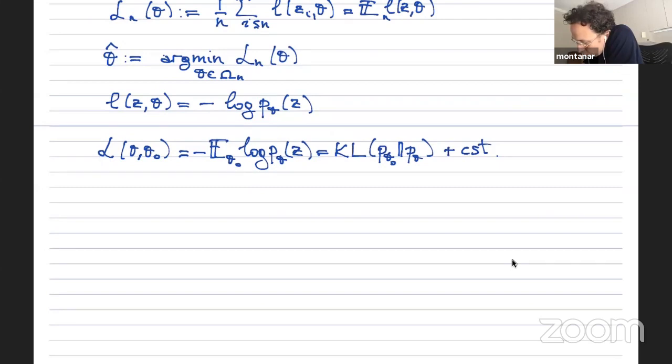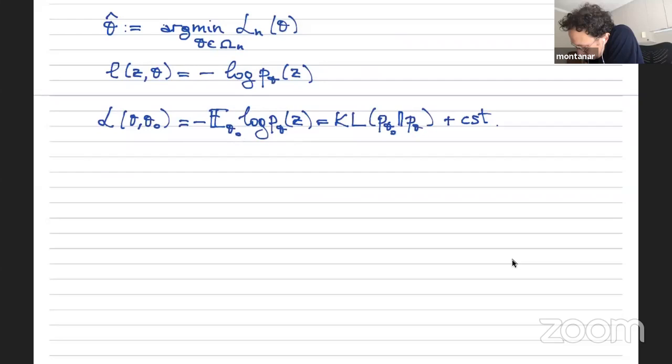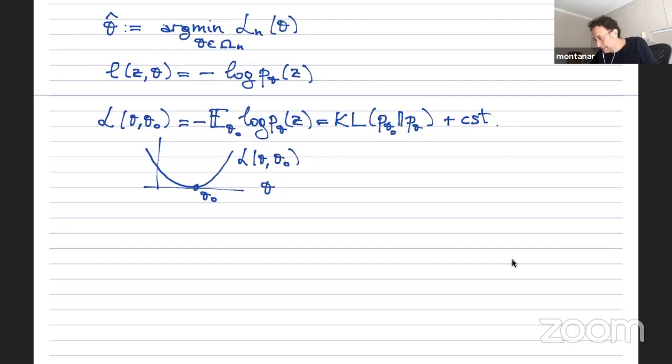So why should this whole approach work? Well, the idea is that if you have this space theta, and your population risk looks like this, this is theta_0, and instead your empirical risk L_n is something that in expectation is equal to L. Therefore you might hope that for large n, you minimize it, perhaps you get this point, and it will be very close to L uniformly, and therefore theta hat will be close to theta_0.